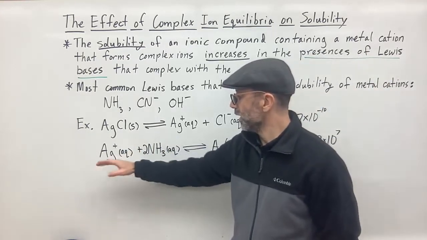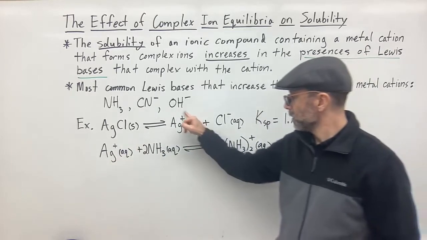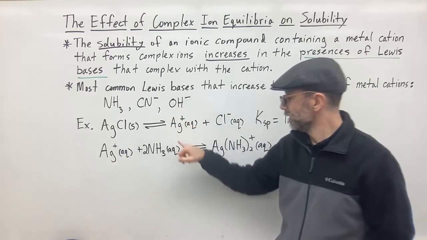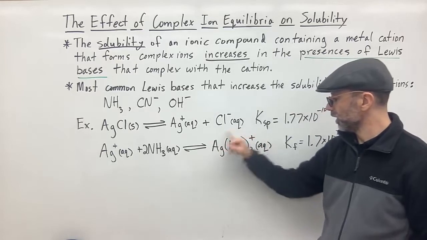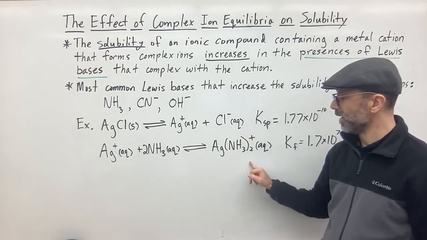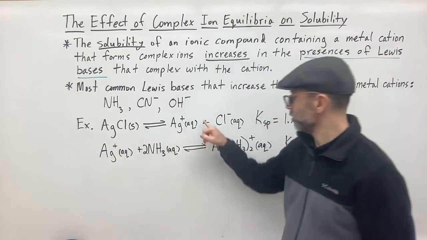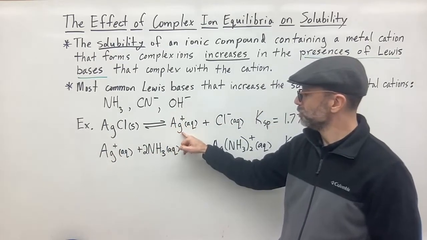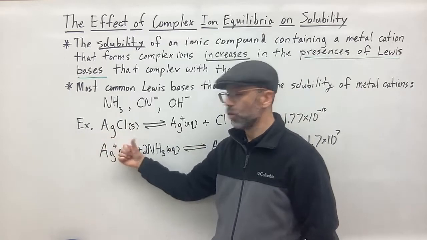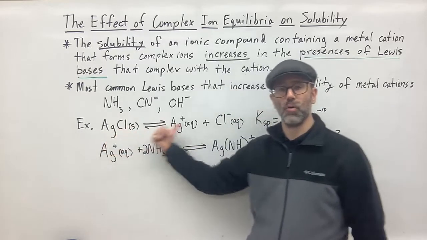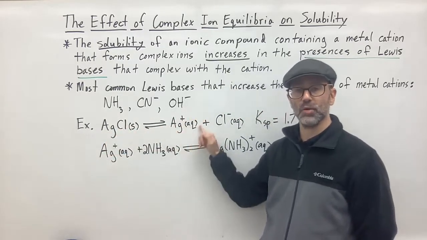So again, according to Le Chatelier's principle, you're going to bind this into a complex with ammonia, creating the complex ion, therefore reducing the amount of silver ion here. So this is going to go down, which means that the silver chloride is going to have to dissolve more to make up for the lost silver ion.